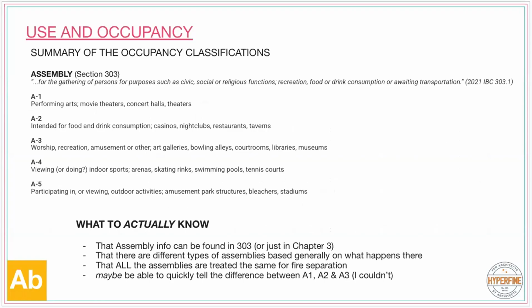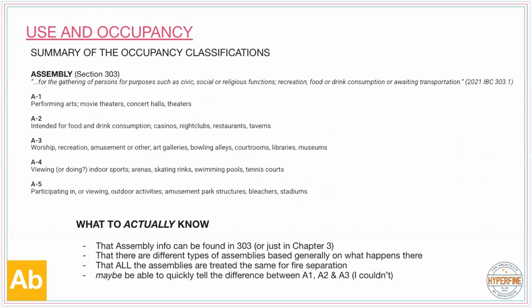Okay, so I'm going to summarize some of the more important use groups you're going to see. More important to know where this stuff is in the code than to memorize it. So A1, performing arts, movies, theaters, concert halls, theaters twice for some reason.